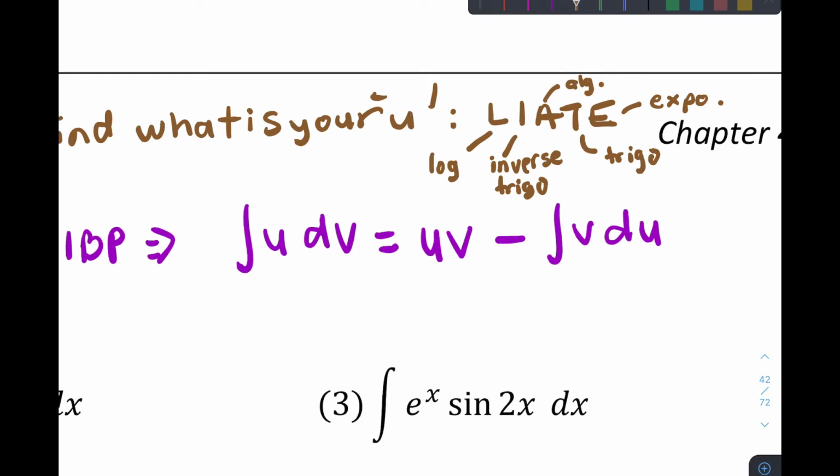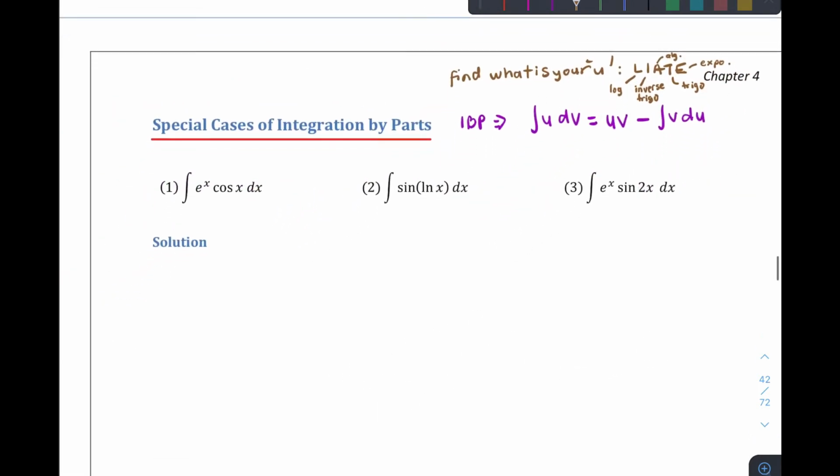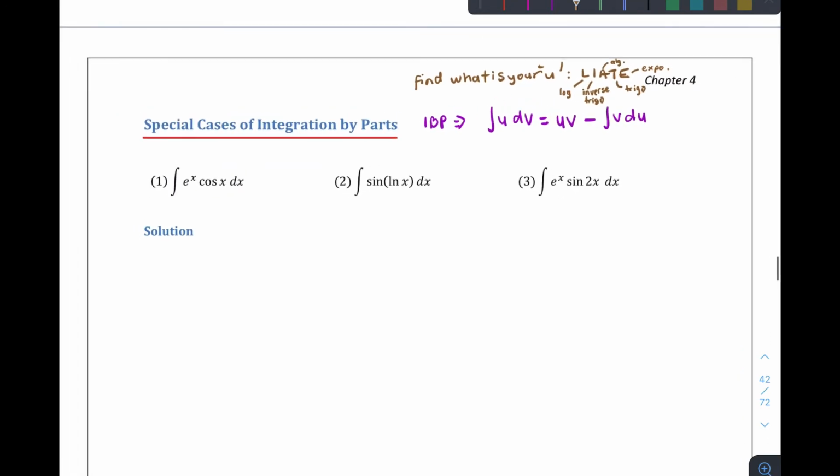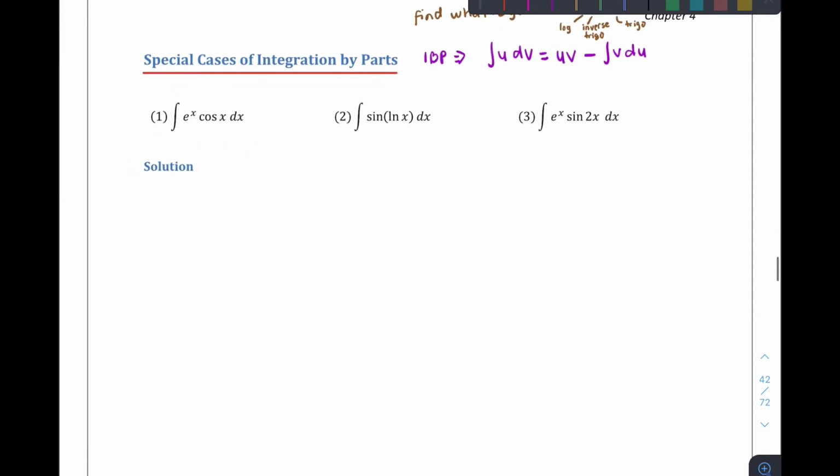Okay, now let's look at one question. Those that we did in class, you only had straight away uv, and you could integrate using u substitution or just the basic integral. But if you look at this question, let's try to do this: integrate e^x cos x dx.